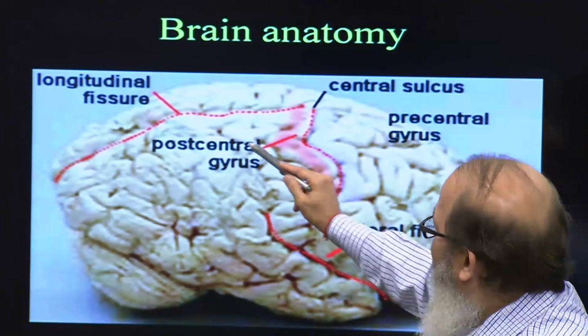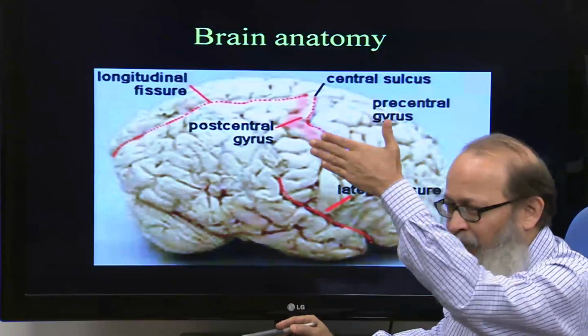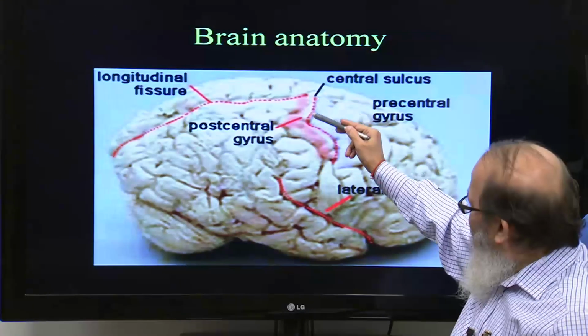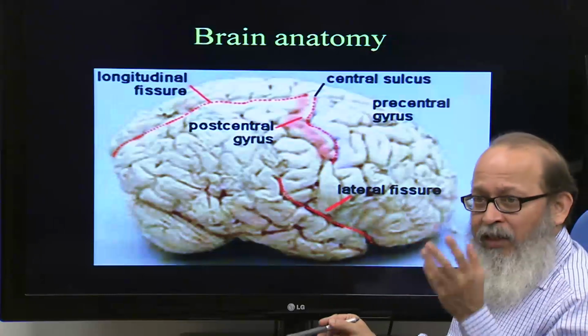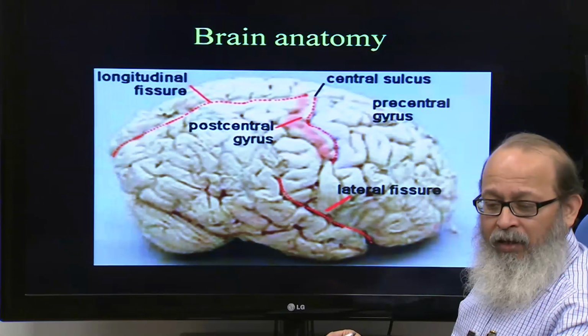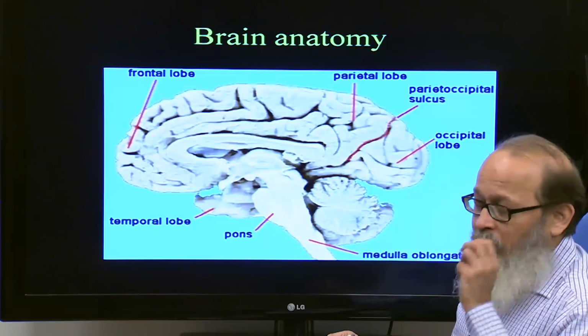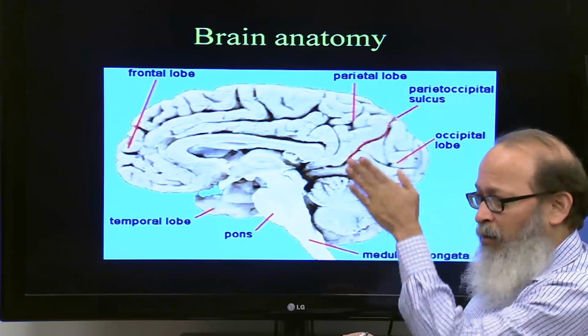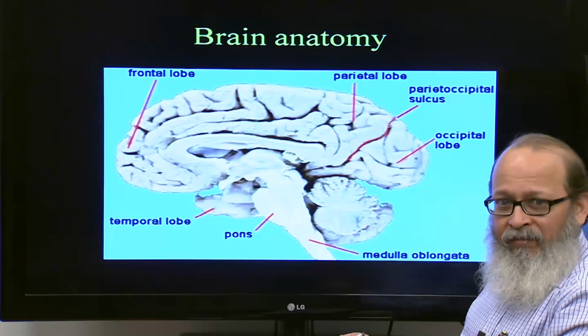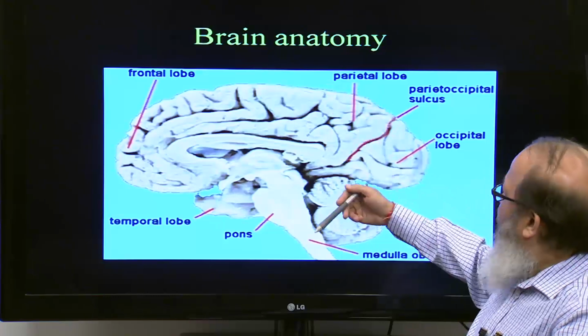If you look at it, this is a fissure. Fissure is like a division between the two. This is another one, and that is how all the lobes actually get into shape. If you cut the brain from between, this is one of the hemispheres.